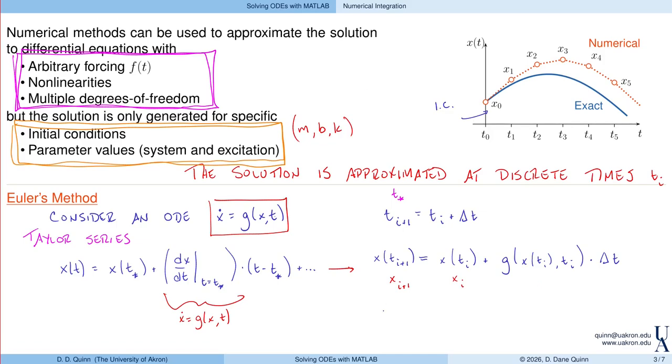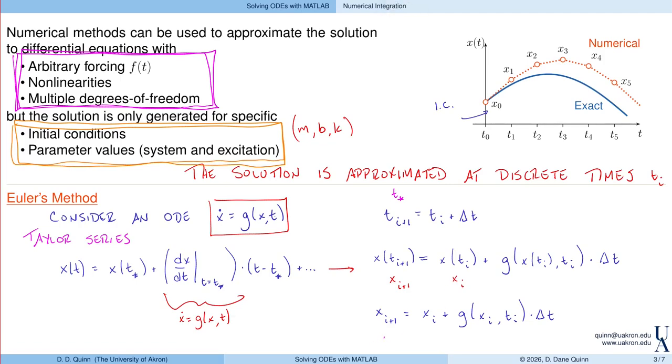And as a result, we see that x at the next time, ti plus 1, is equal to x at the current time plus g of x ti and ti times delta t. So really, what we have is an algorithm to march forward in time.